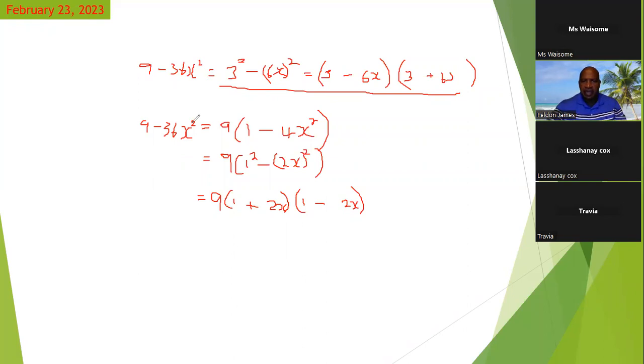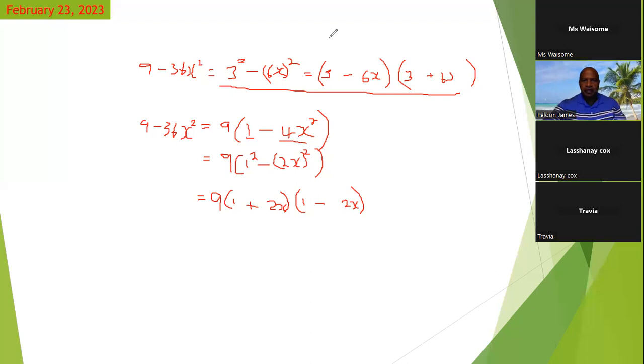So remember, when we're factorizing by HCF, we place the HCF, open a bracket, divide each term by the HCF, and put what remains in the bracket. That's what we did here. So 9 into 9 goes 1, 9 into 36 goes 4, and we put back the x squared. You follow, Ms. Cox?